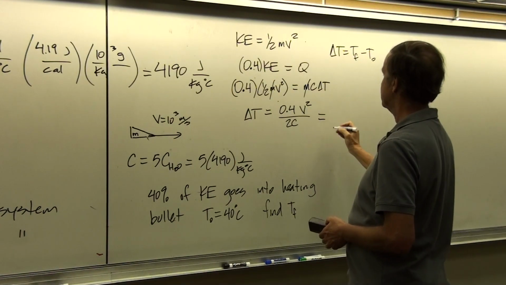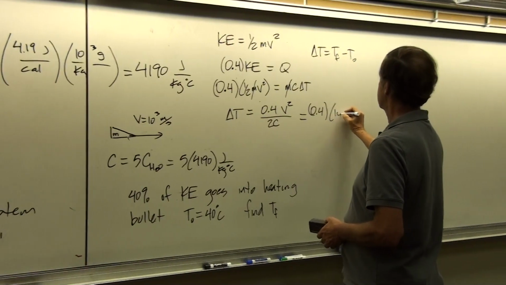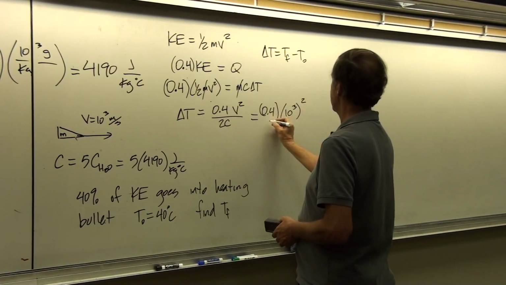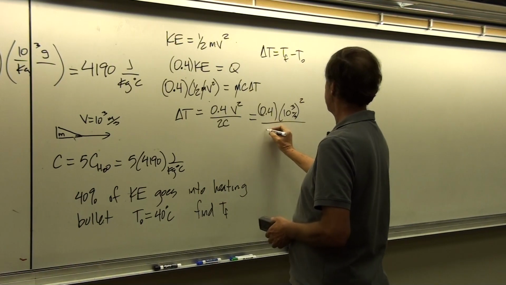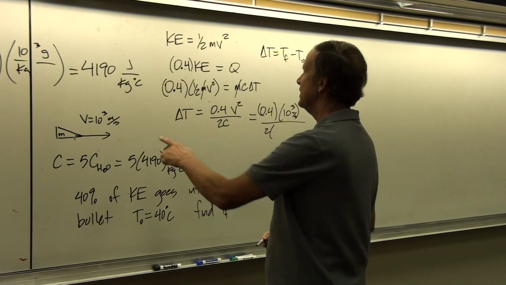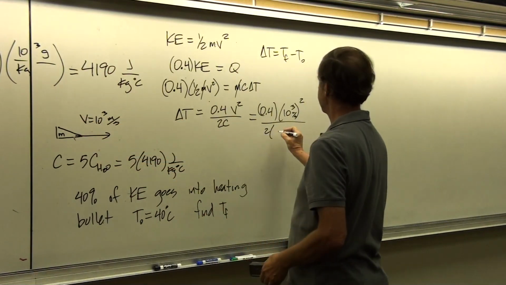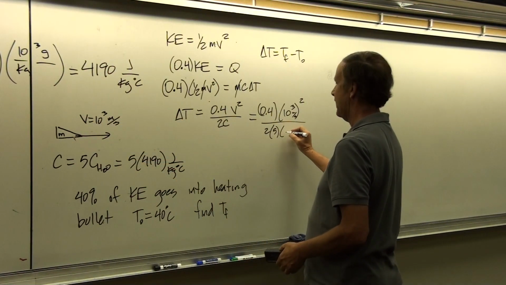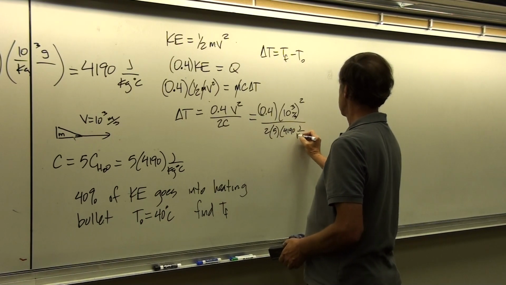Okay, so delta t is going to be 0.4 times 10 to the 3 squared, meters per second squared, divided by 2 times c. Now the specific heat we were told is 5 times the specific heat for water. So that's 5 times 4190 joules per kilogram degrees centigrade.